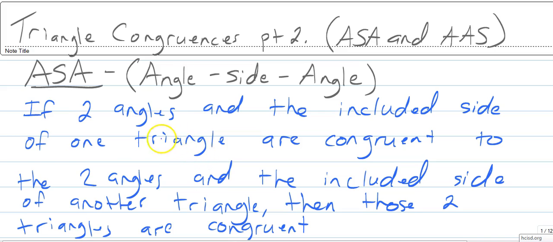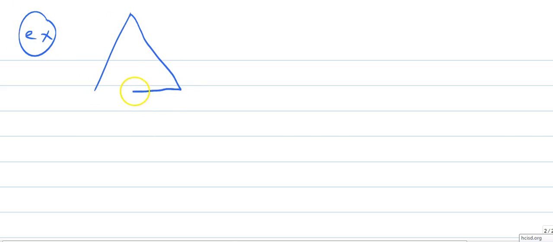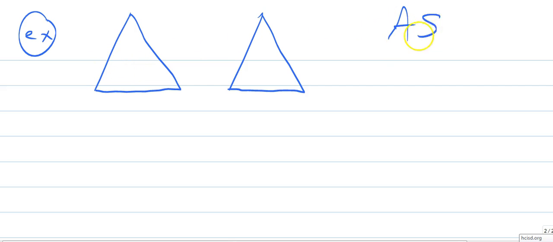Now, the way they're going to look in picture format is like this. So let's say we have two triangles. So again, angle, side, angle. So we have two angles. Here's an angle. There's another angle. Here's an angle. There's another angle.